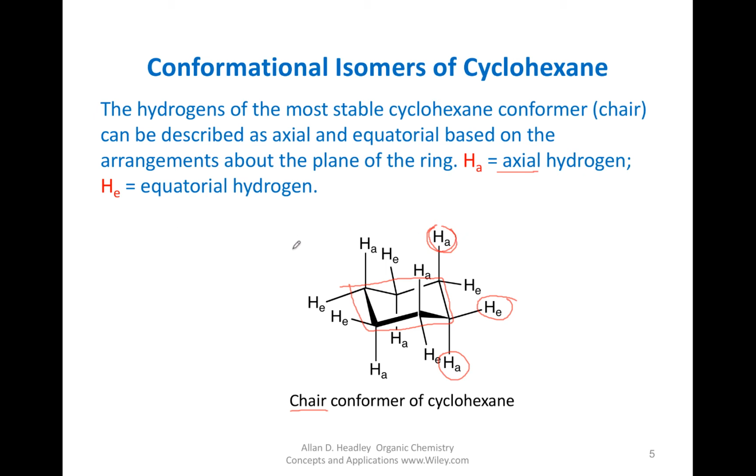The hydrogens that are in the plane, such as these, we'll describe as equatorial. As we said in the previous lecture, in the equator, same plane. And we'll describe these as HE. So we have HE and HA for the hydrogens, but we'll use A and E to describe groups in these positions. Okay?